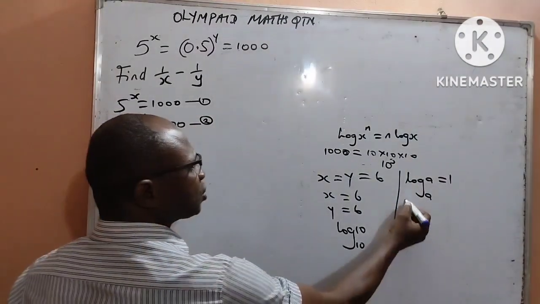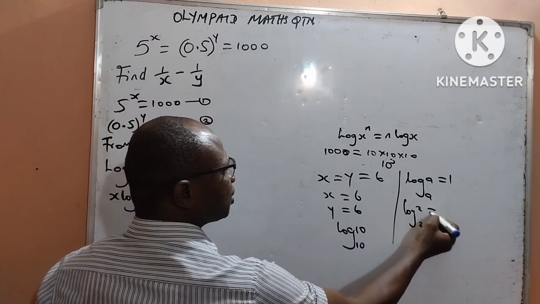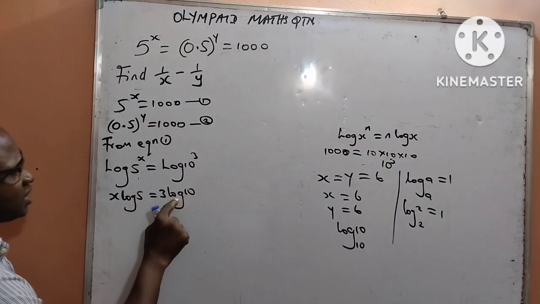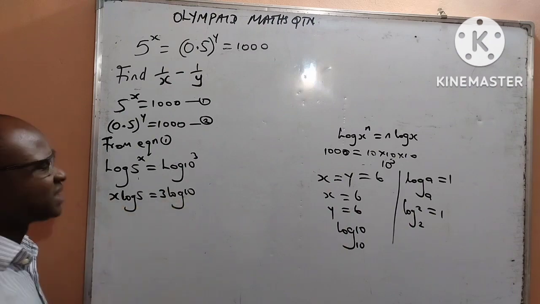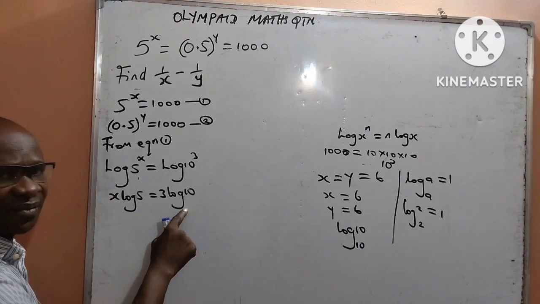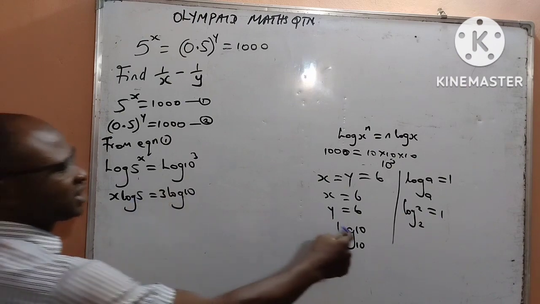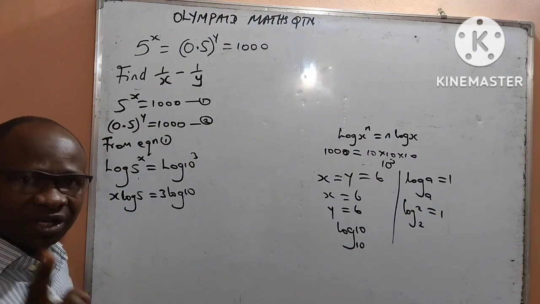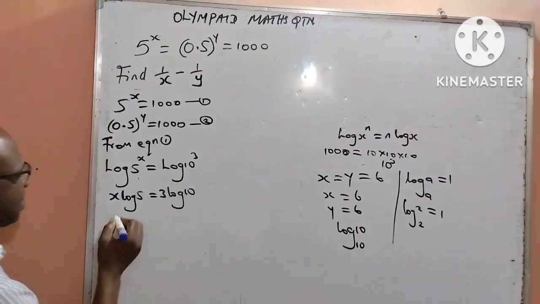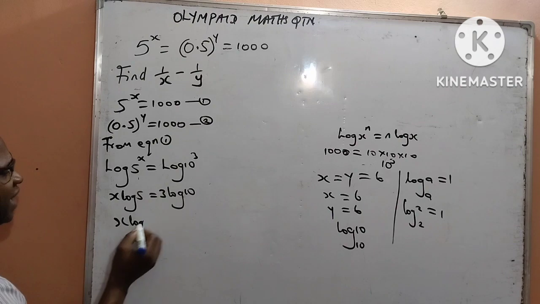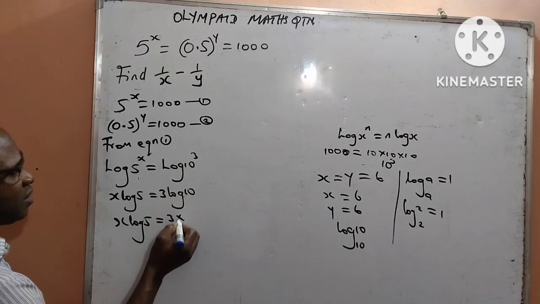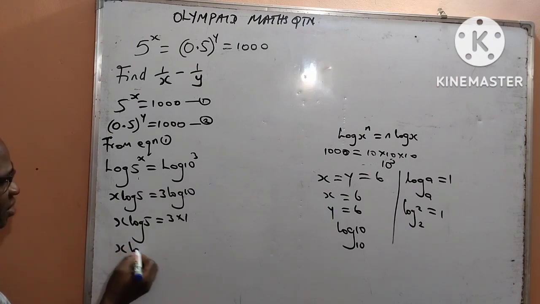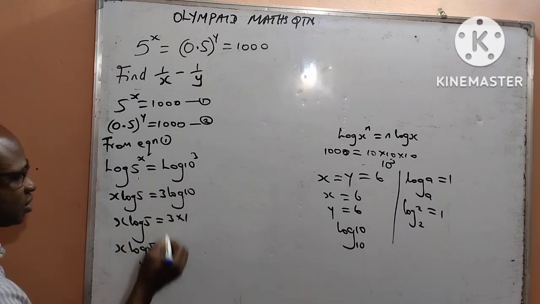That is, log 2 to base 2 is equal to 1. So if we now agree that this that has no base has a natural base which is base 10, it applies that we have log 10 to base 10, which is going to give us 1, that the logarithm of its own base is 1. So I can now write x log 5 is equal to 3 multiplied by 1, that is log 10 to base 10. That is, x log 5 is equal to 3.